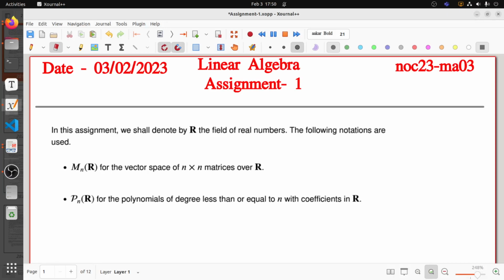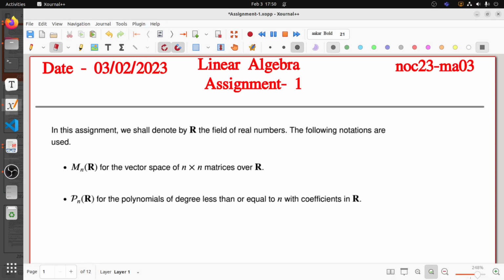Assume span of A equals span of B. Does it imply A equals B? It's not, right? We have done the first one. A and B are these two sets, but the spans are the same. So this is not true, right?